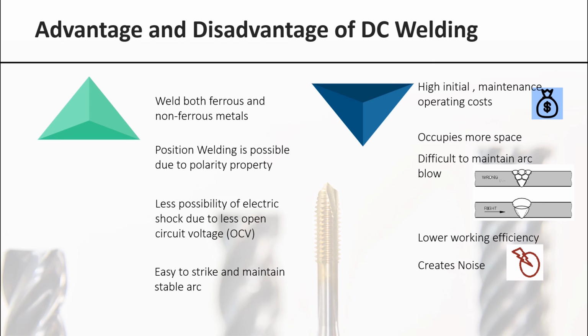Third, efficiency of the DC welding machine is low. Fourth, heat generated is different at the work and the electrode by changing the polarity. Fifth, higher electric energy consumption per kilogram of metal deposited. Sixth, voltage drop is relatively higher. It can be used only at a short distance from the power supply.